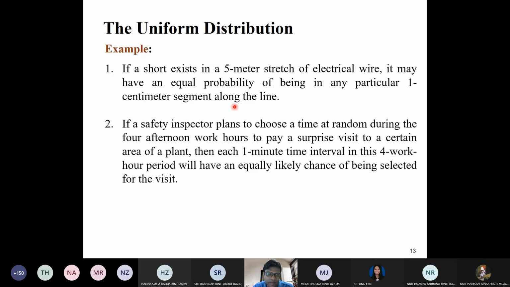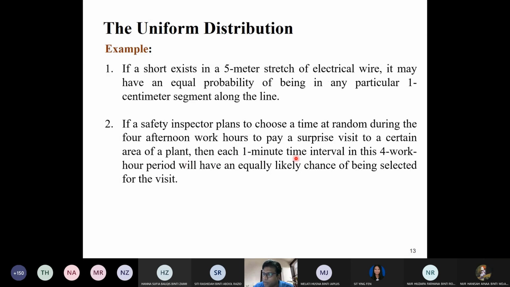That is how we measure the uniform figures. Second, a safety inspector plans to choose a time at random during the 4 afternoon work hours to pay a surprise visit to a certain area of the plant.